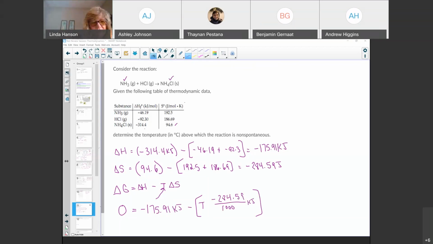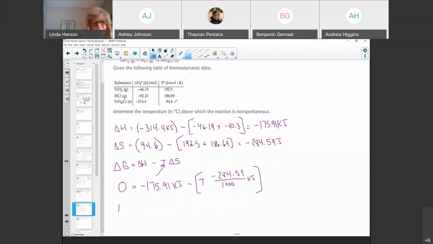So then, positive 175.91 over negative 0.28459 is our temperature. Let's see if I did that right.